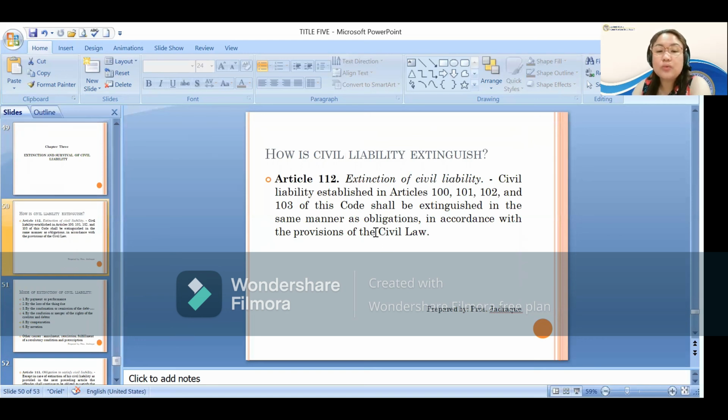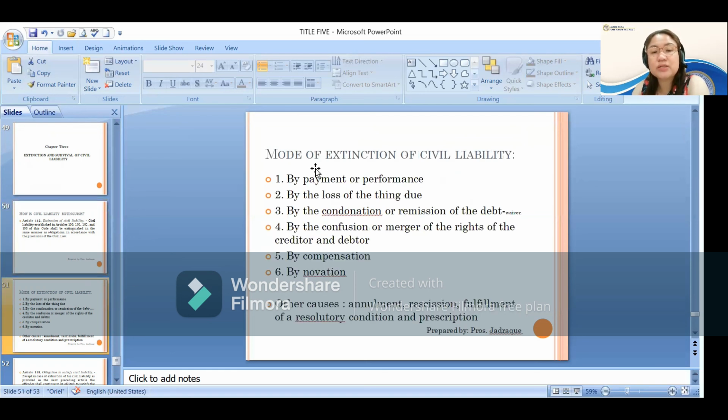Okay, so we will refer to the provisions of the Civil Code as far as extinction of civil liability is concerned. And as far as civil law is concerned, it has modes of extinction of civil liability, such as by payment or performance.